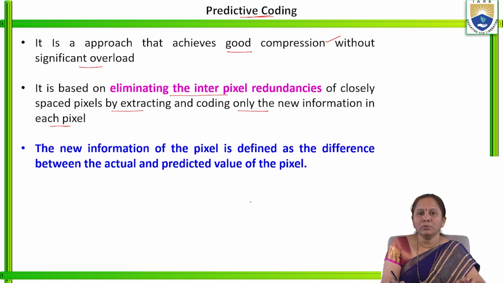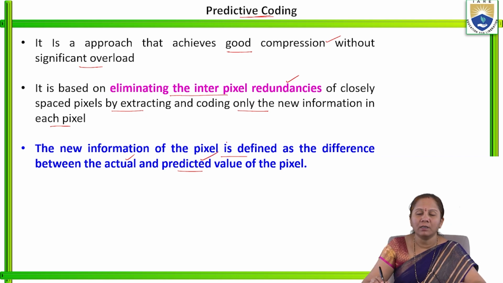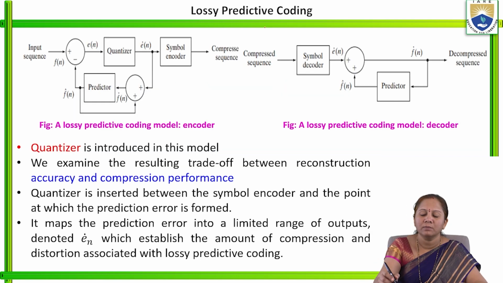So it takes only the important information from the wanted pixels, and other redundant pixels are eliminated. Due to this, the compression is performed. The new information of a pixel is defined as the difference between the actual and predicted value of the pixel. If we see the block diagram, we will understand what the actual value and the predicted value are.